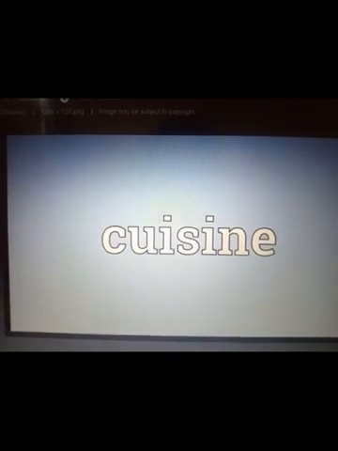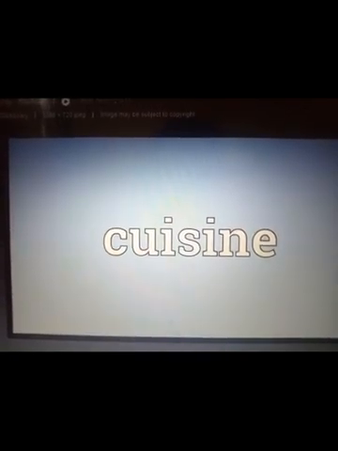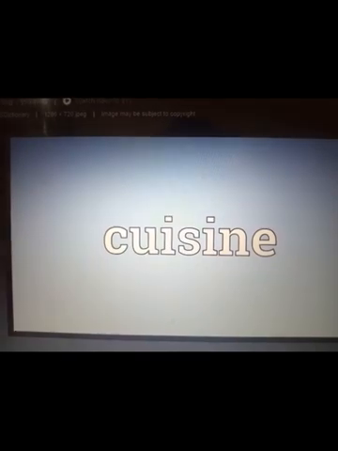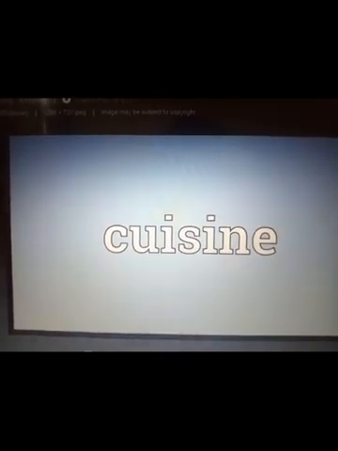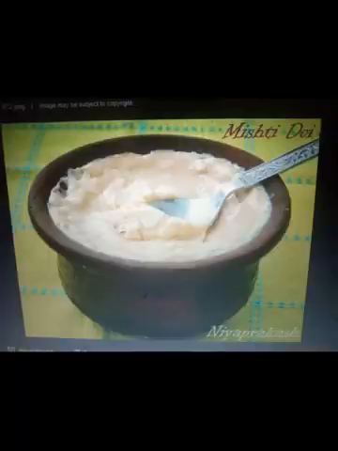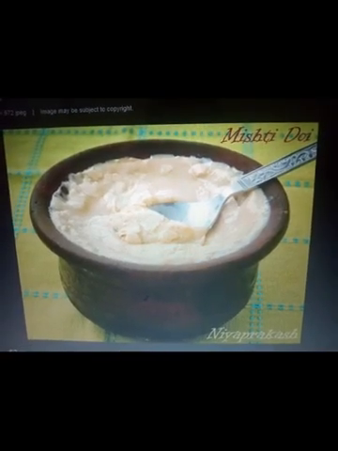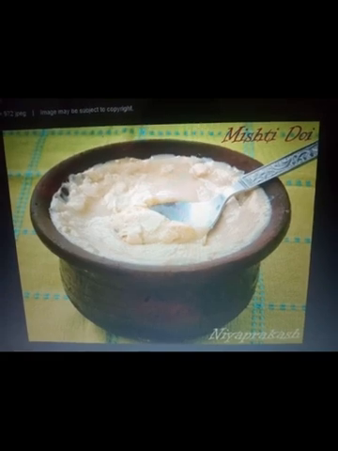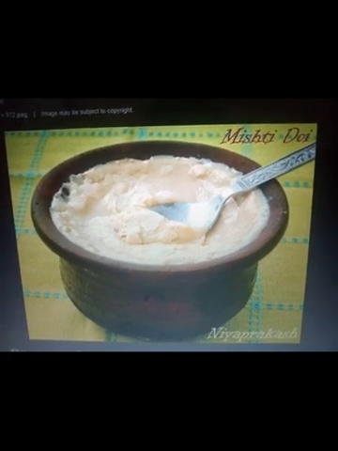For example, in Punjab, paranthas, lassis are very famous. So these are the cuisines of Punjab. Mishti doi is the best dish of West Bengal. Rasgulla or Rosgulla. So Mishti doi and Rosgulla are the famous cuisines of West Bengal.